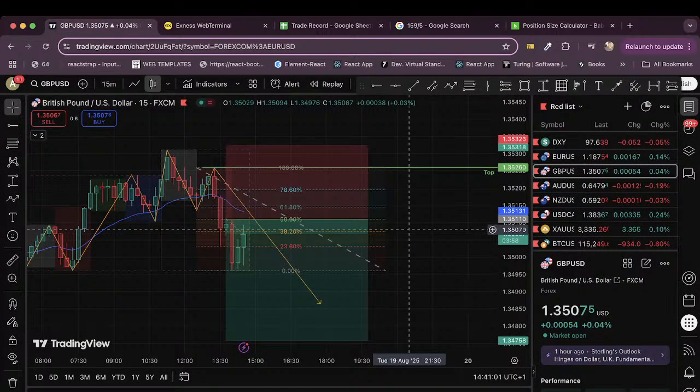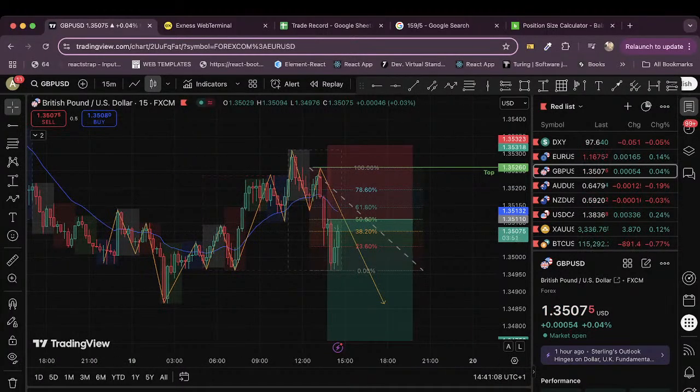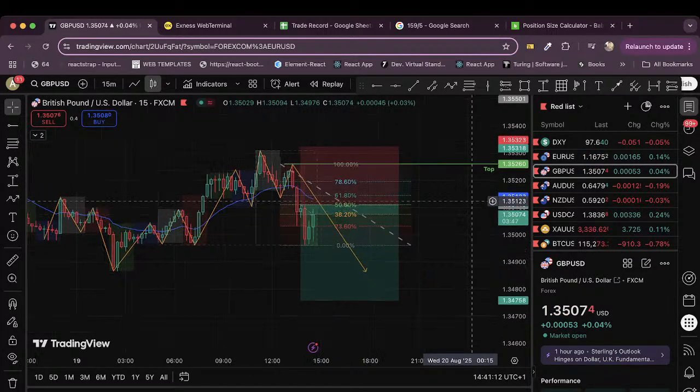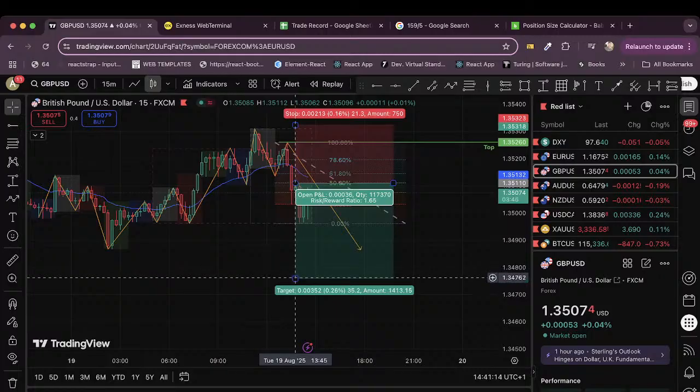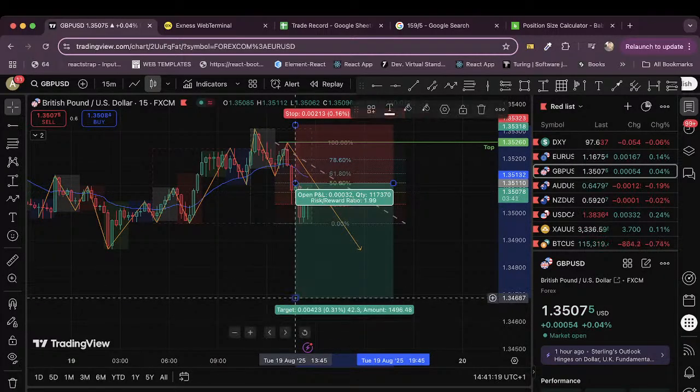So let's see if we can get a pullback into that 50% position. Then we would expect a continuation of the sell, and we can be aiming for somewhere around here, which is quite a lot, but yeah, what's the worst case scenario?